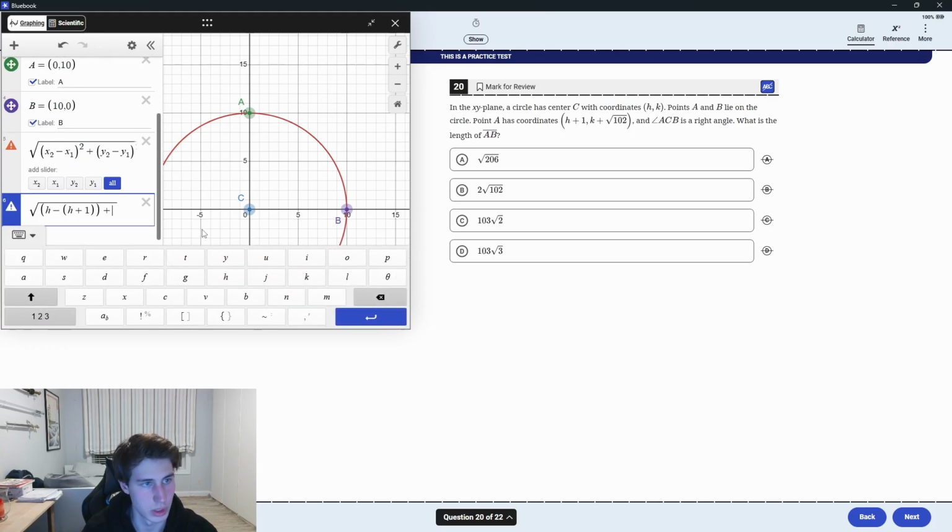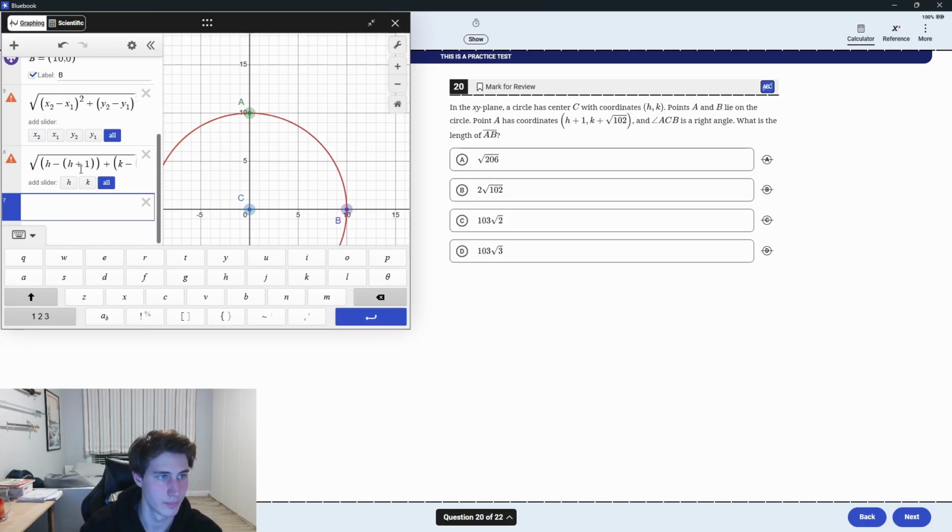Then we will do plus y2, which is, we started with point C, so we have to continue with point C, minus k plus square root 1 and 2. We can close this parentheses. And so now we have this.